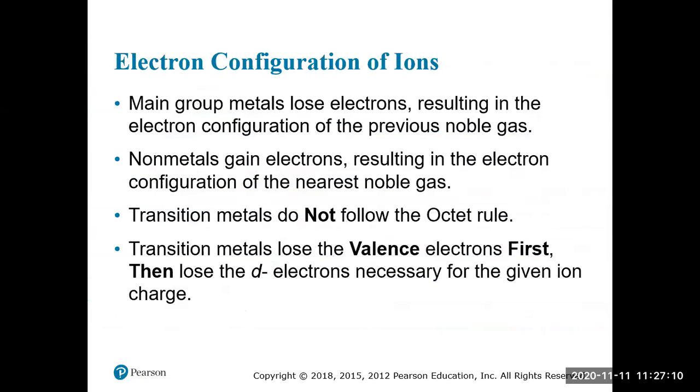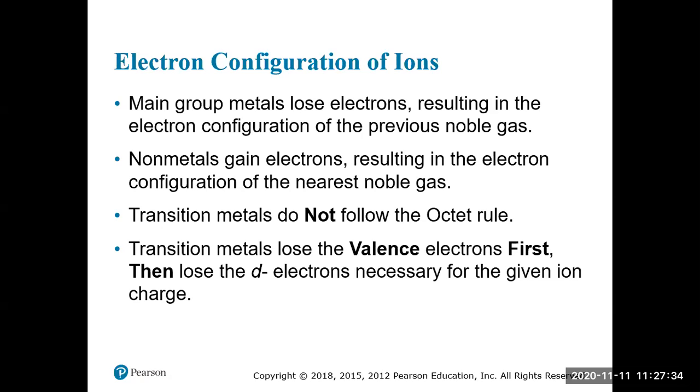Okay, we'll move on and talk a little bit more about electron configurations of ions. We did some examples of this just now. The metals lose electrons, and that often results in the electron configuration of the previous noble gas.